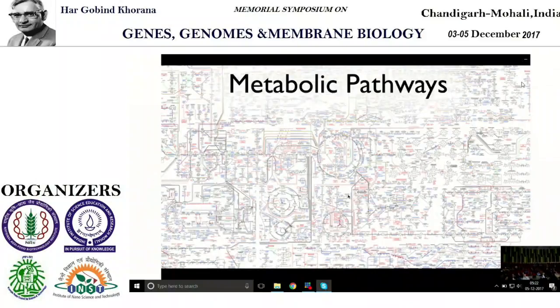Because if you look at this metabolic pathways chart that almost all of you are familiar with, which actually used to be in the corridors of Govind's lab at MIT, that is where I saw it for the first time. The goal really is to have these metabolic pathways come alive in 3D, because although we know the identities of many of the molecules in this chart, we also like to know what this looks like in 3D.